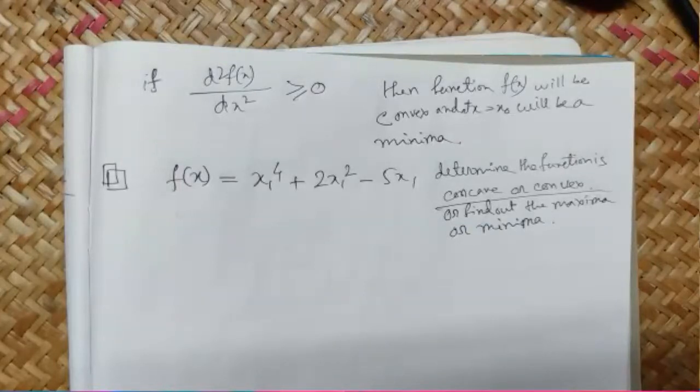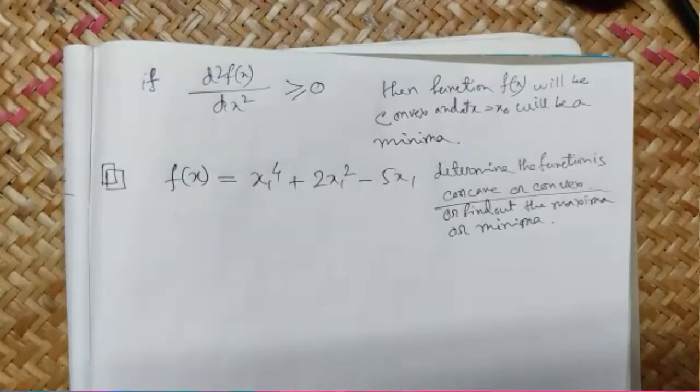Now you have to find out whether there is an extreme point or not. If there is an extreme point, then is it maxima or is it minima? So let us check it out.